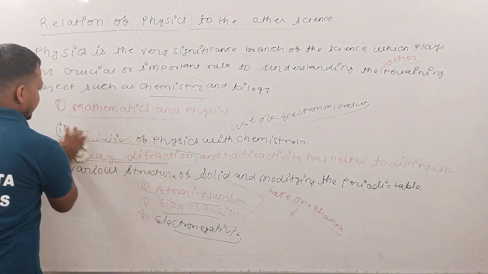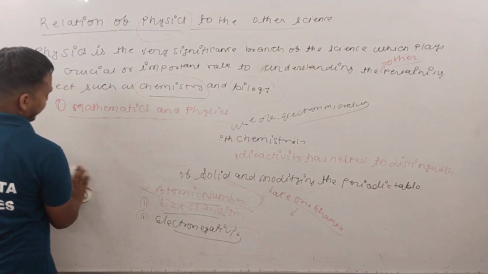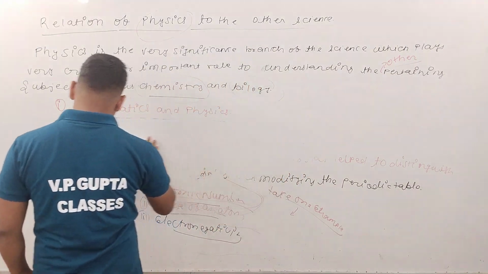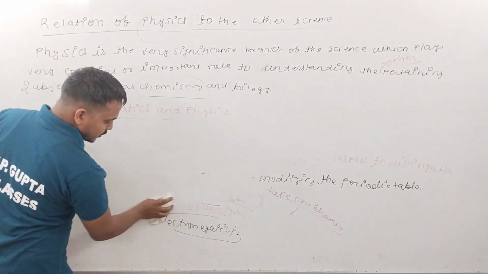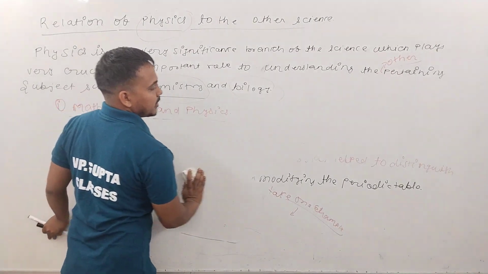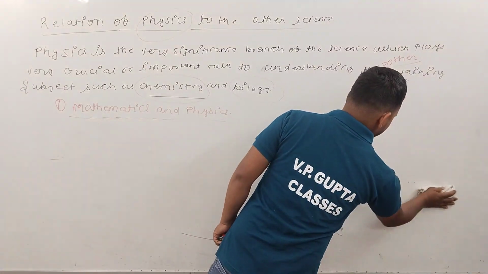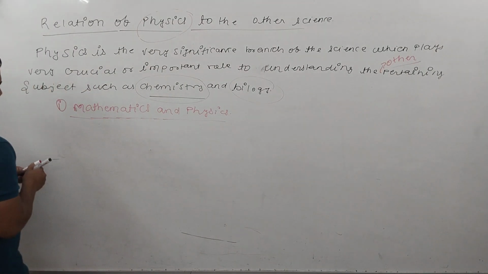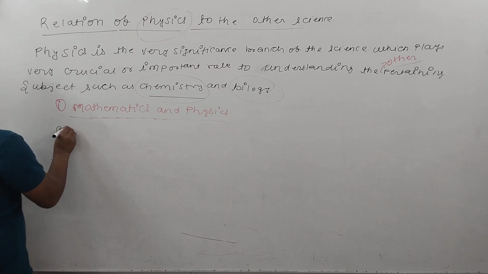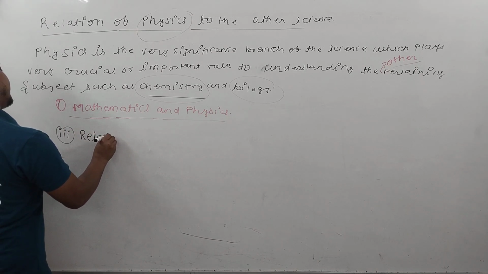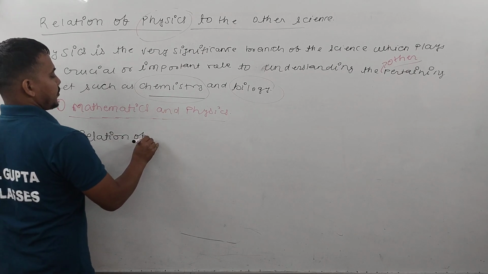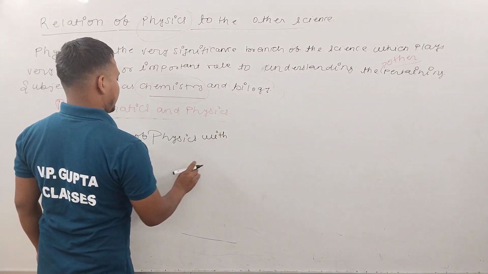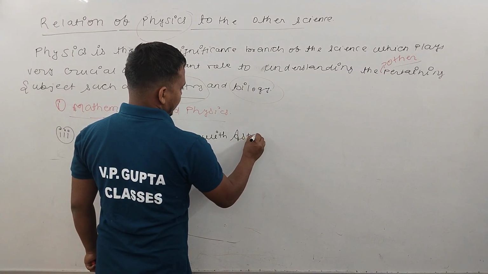We can say astronomy is the branch of science that deals with astronomical objects or bodies such as galaxies, planets, asteroids, etc. Now the third one is the relation of physics with astronomy.